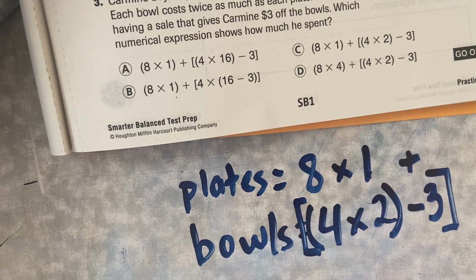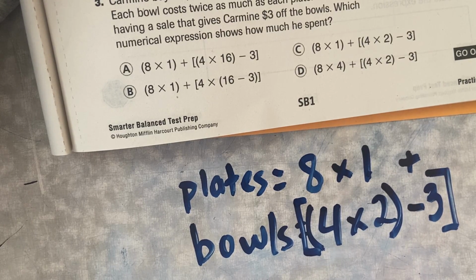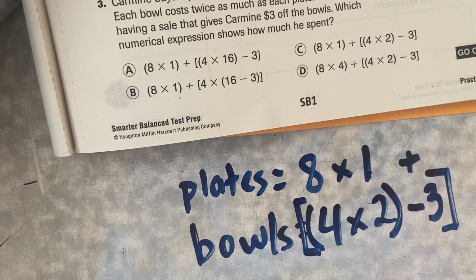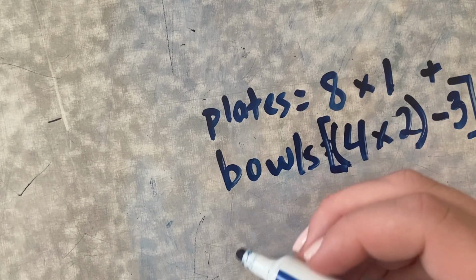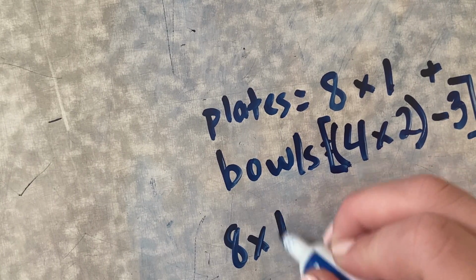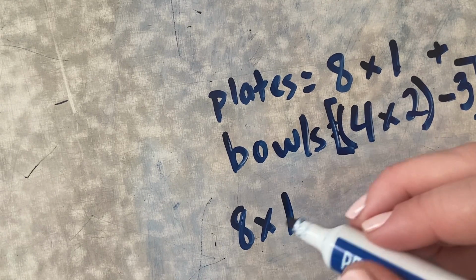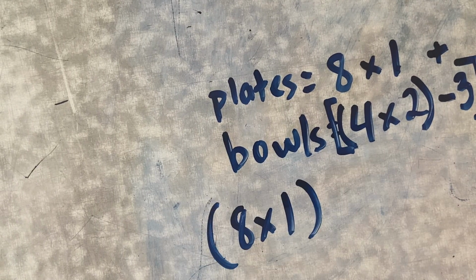Okay, now the question asks which numerical expression shows how much he spent. Well, now I just need to take out the words and put the math all together. So we have, to start it off, 8 times 1 will give me the price of just the plates, right?